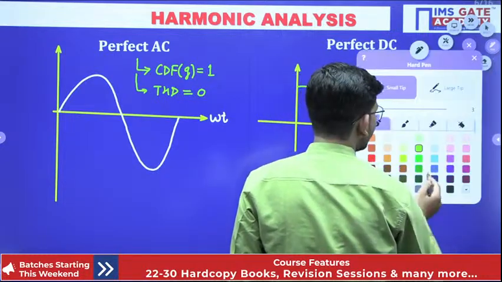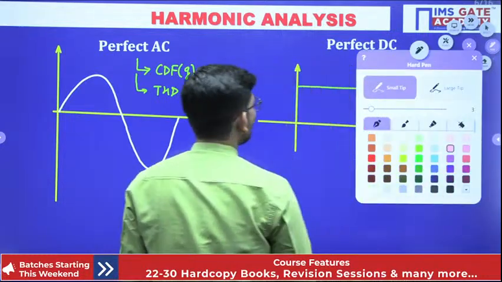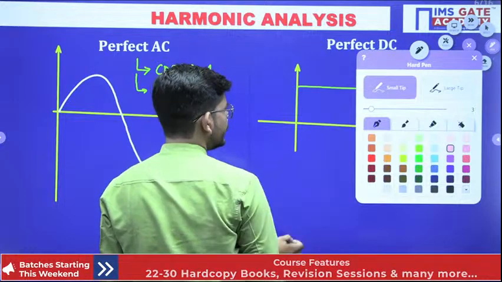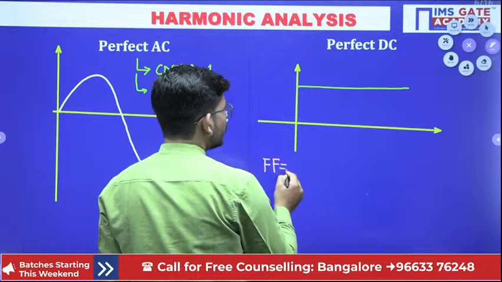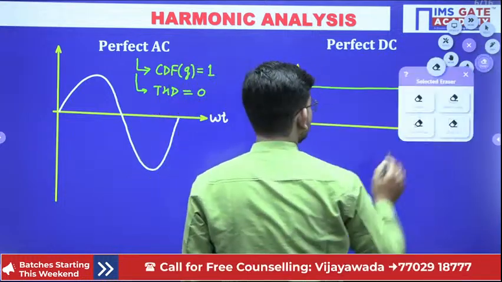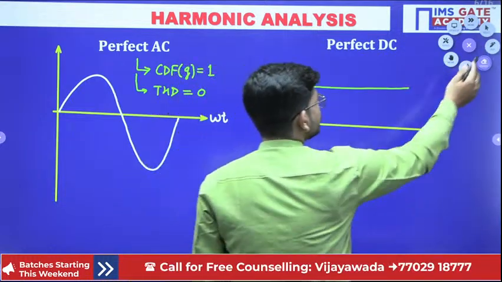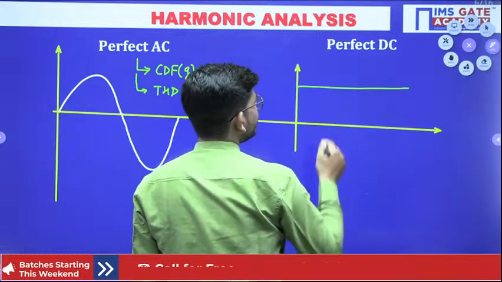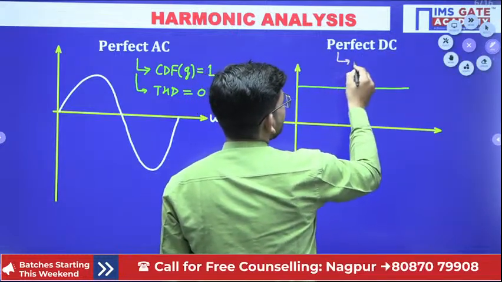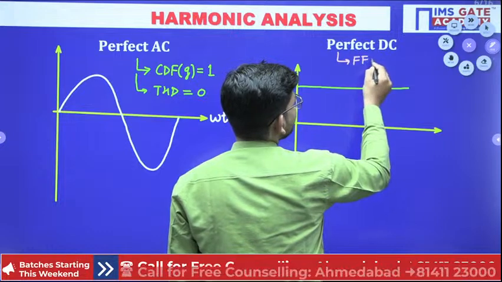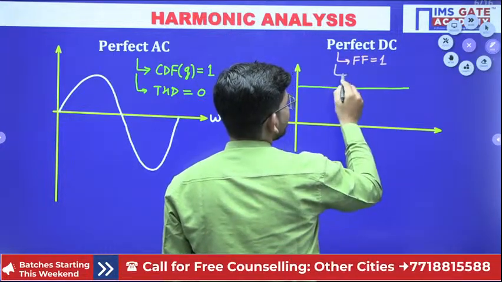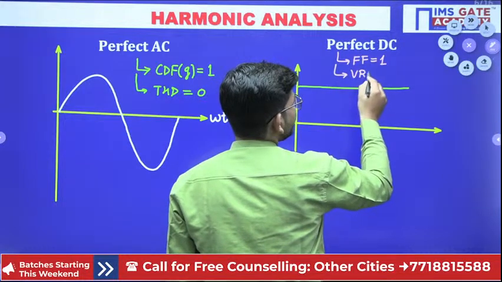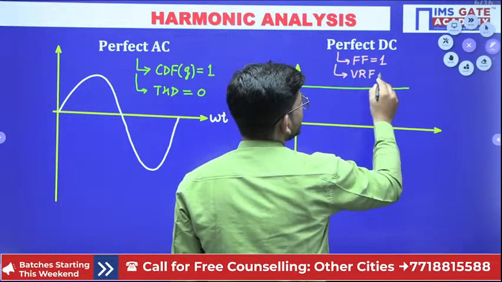For a perfect DC, the value of form factor will be equal to 1. Okay, let me write this here so that we can utilize this space. So for a perfect DC, what should be there? The value of form factor is equal to 1, RMS and average values are exactly equal, and the value of voltage ripple factor is equal to 0.